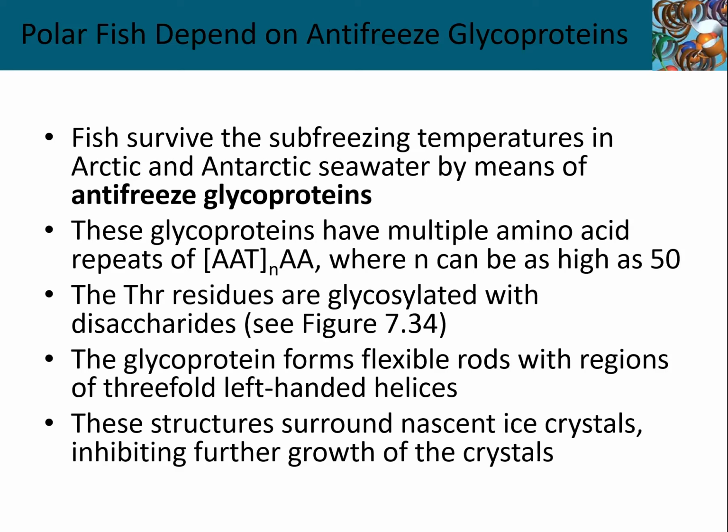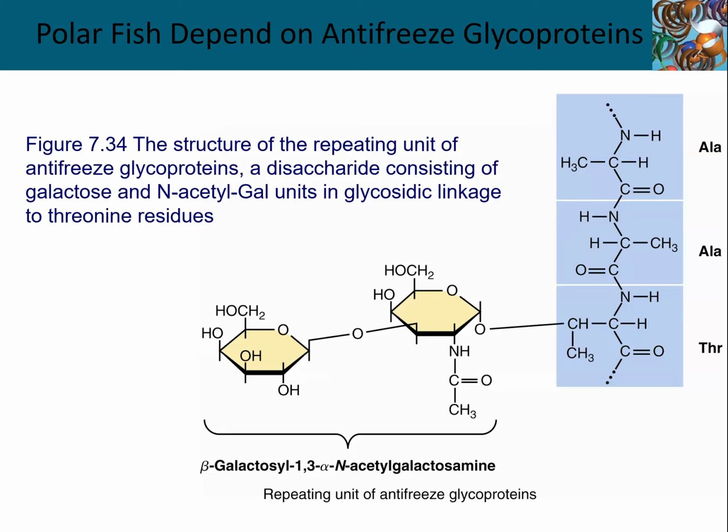So you get these long flexible rods with regions of threefold left-handed helices, and they can wrap around ice crystals very effectively. So this is what it looks like.